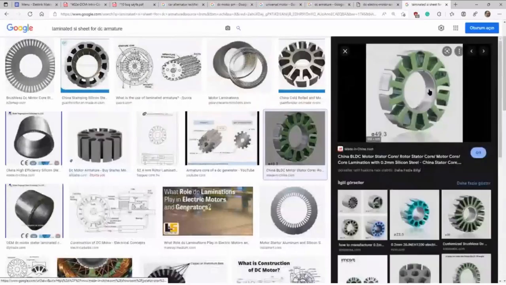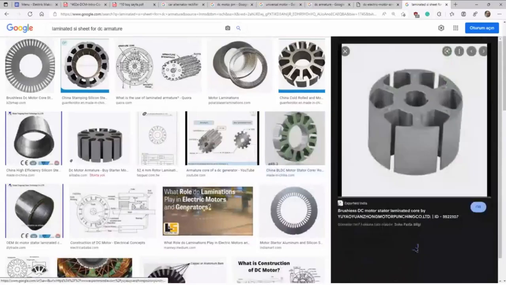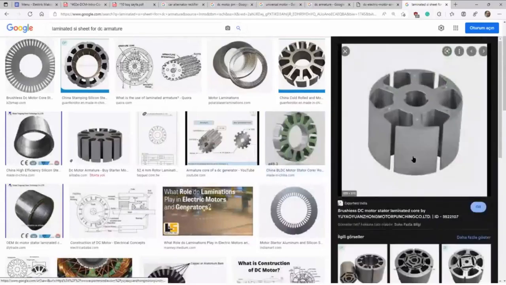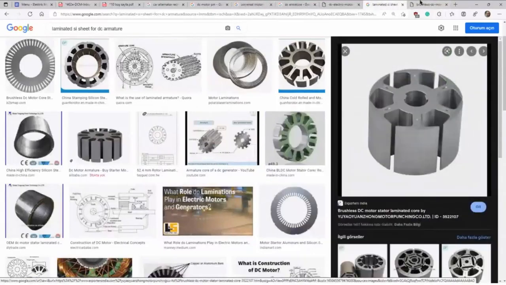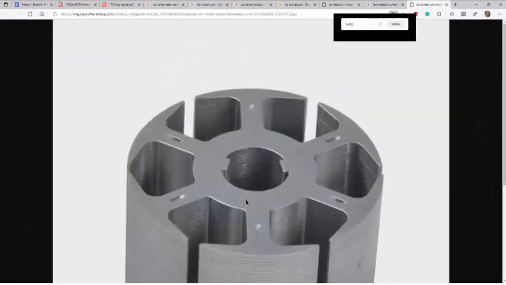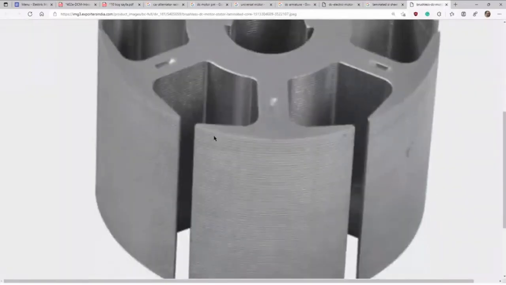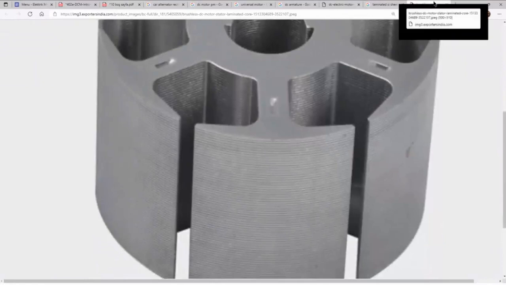Here's another rotor. Here's another one. Let me make it more clear. You see sheet material, sheets. Okay.